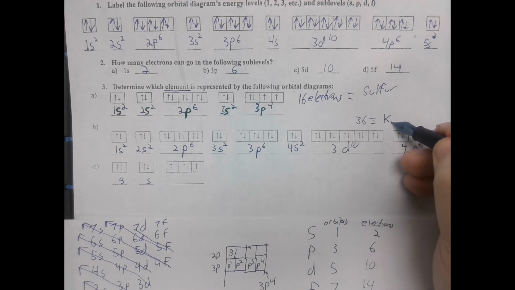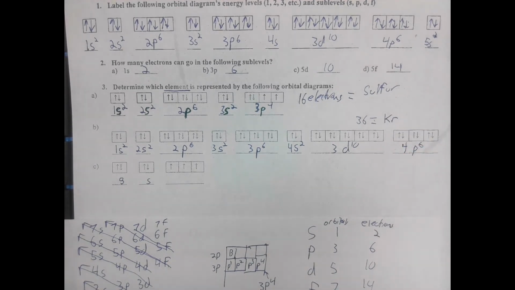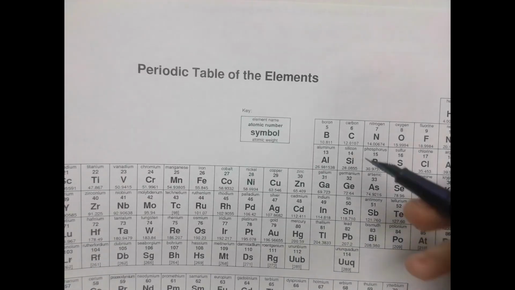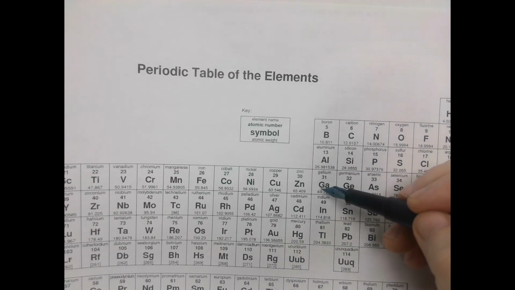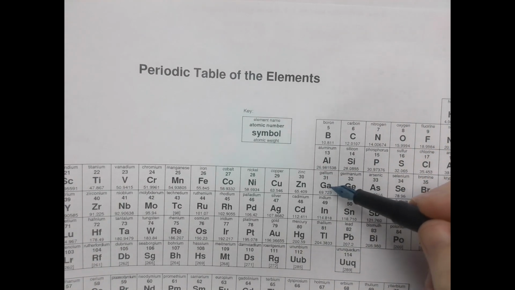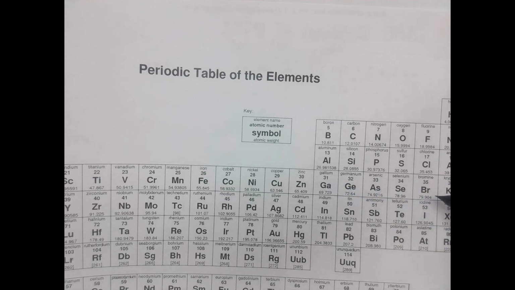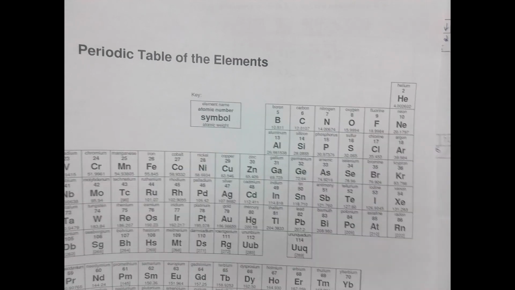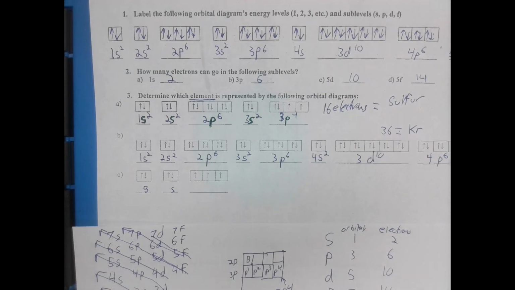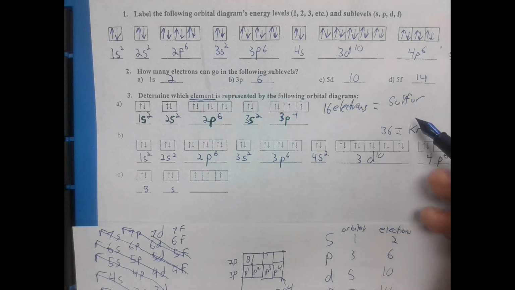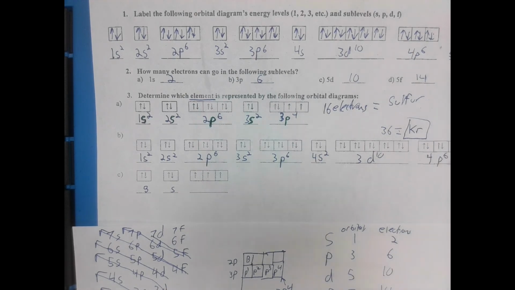So Kr. I can also check, again, 2P, 3P, 4P, and the sixth one, 1, 2, 3, 4, 5, 6. These all end in P6, so it is krypton. So that would be my answer for that.